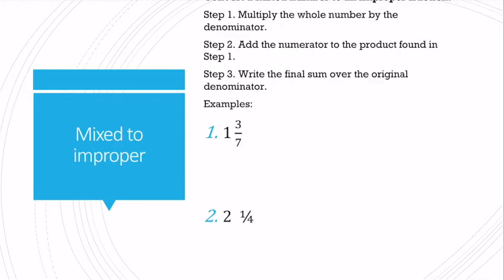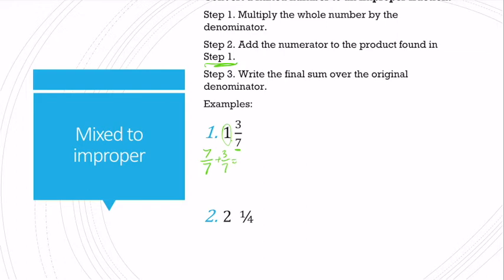Next, let's go ahead and take a look at mixed to an improper fraction. So our step is, first we're going to multiply our whole number by the denominator and add the numerator to the product found in step 1. So what am I going to do? Well, let's remember that 1, if I wanted to write it as a fraction with 7 in the denominator, would be 7/7.